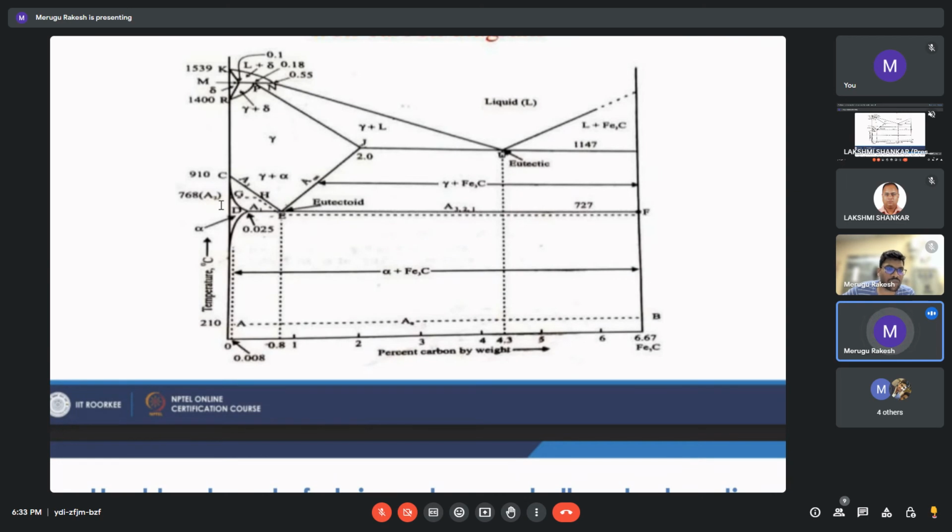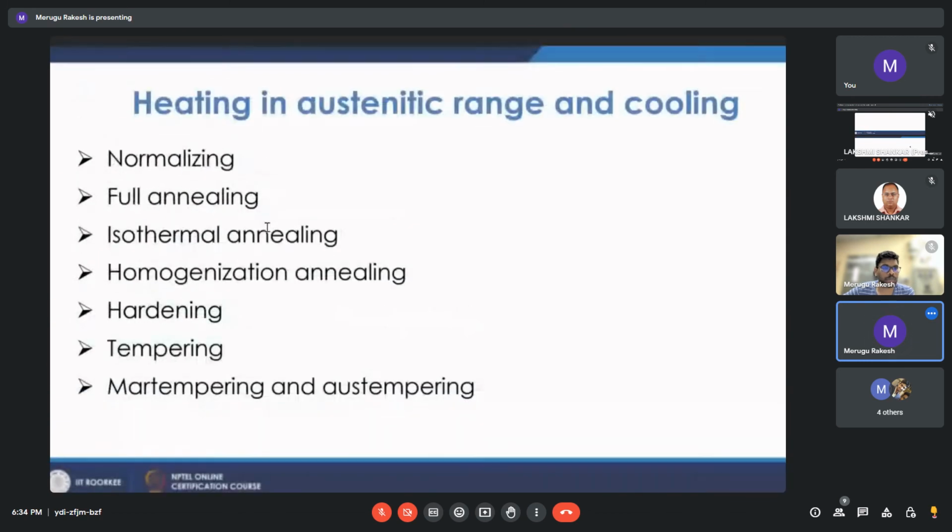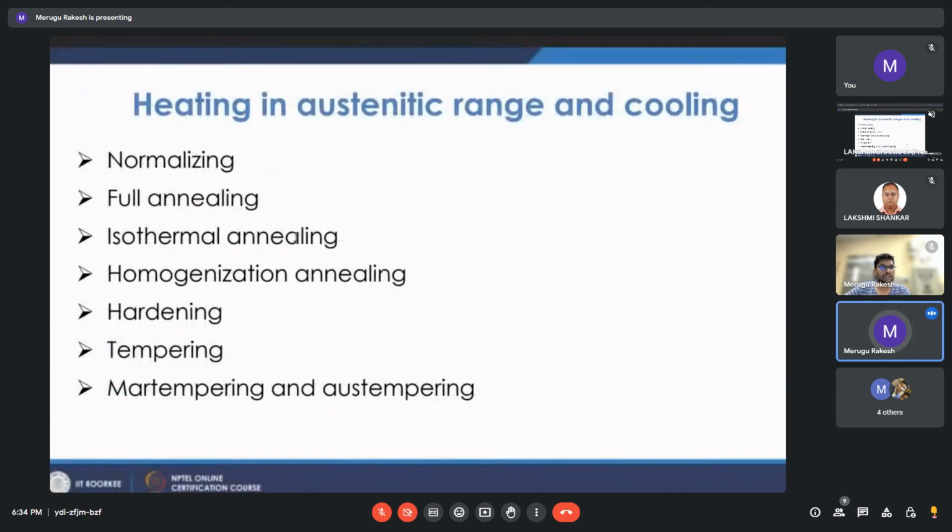Whatever composition you need, we have to heat to that temperature. Suppose you need around 0.2, we have to go up to around 768 degrees Celsius. Then we do the annealing process. This dictates the highest temperature in that method. So that is full isothermal annealing.